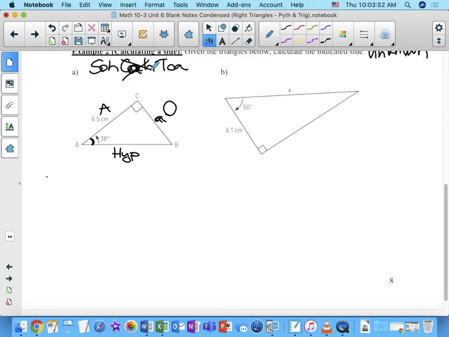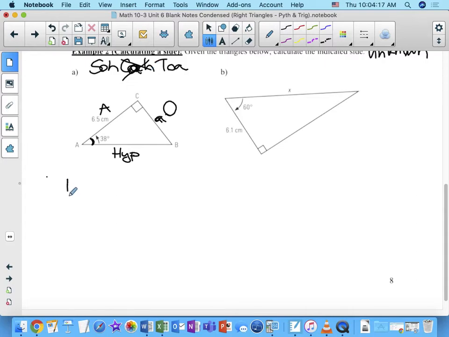Tangent, yes. Because if I tried to use sine, I would have too many unknowns. I would know the angle, but I would be missing two sides. And I can only be missing one side. So I've got to use tangent. Because for tangent, I've got my angle and I've got my adjacent. That's 2 out of 3.